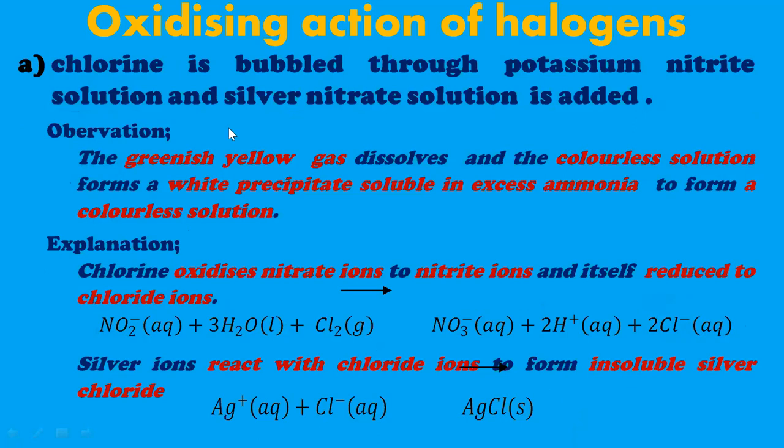When you see silver nitrate here, you must know what it's going to test for. Silver nitrate is normally used to test for chloride ions or bromide ions or iodide ions. In this case, the chlorine is likely to dissolve to form chloride ions, which will react with the silver nitrate to form silver chloride that ends up as a white precipitate.